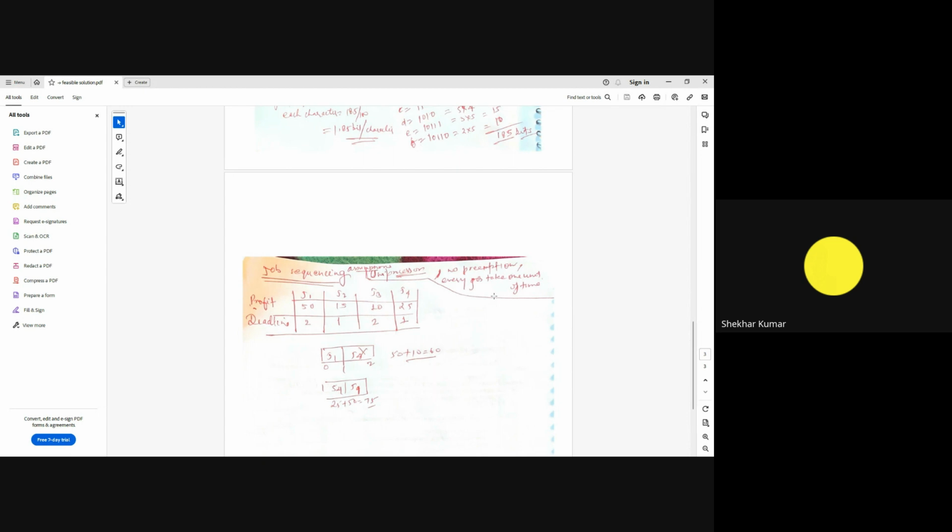Job sequencing, job scheduling algorithms are applied to schedule the jobs on a single processor. These are the assumptions. The processor must be uniprocessor. You cannot say that we have three processors and all three will execute these three jobs simultaneously. The jobs are executing on a single processor, the uniprocessor system, to maximize the profits.